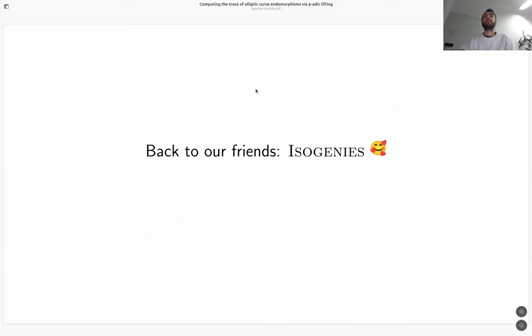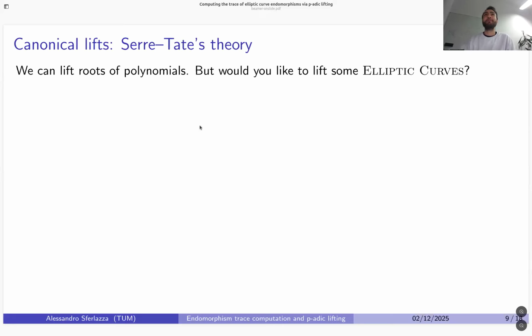And now let's specialize to our favorite field of interest. Instead of just roots of polynomials, can we lift some more complicated objects?